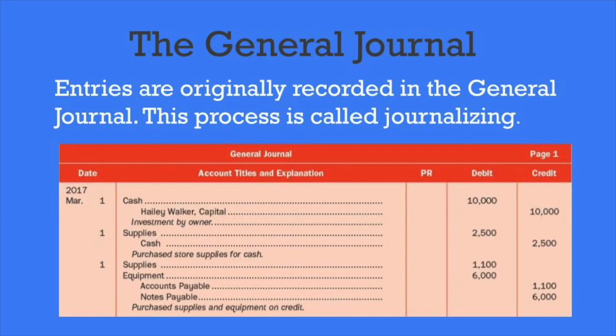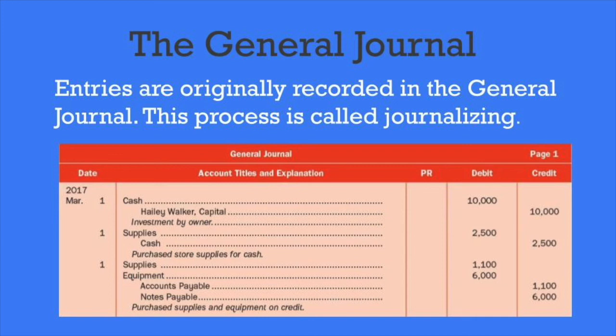The next thing we bought was some supplies for cash. So normally debit's on top, $2,500 debit, cash, $2,500 credit. And normally we have a little explanation on the bottom, purchase supplies for cash. Finally, we bought some equipment, and so the asset would be supplies, $1,100, and the second component of that was the equipment we bought.